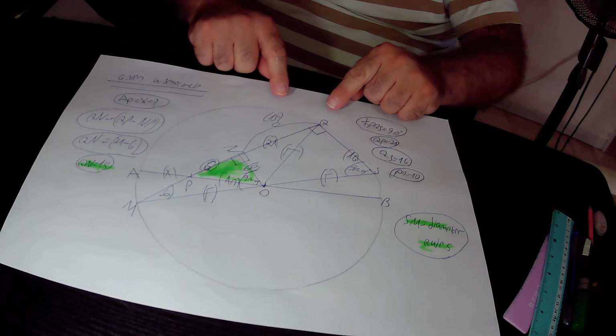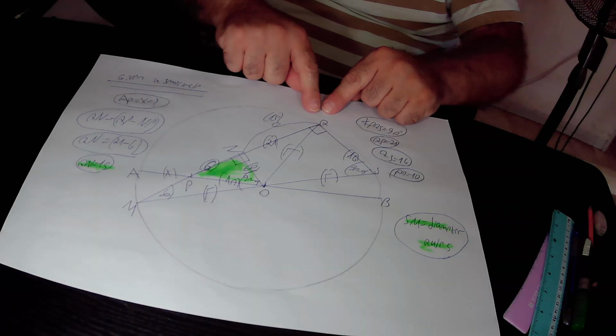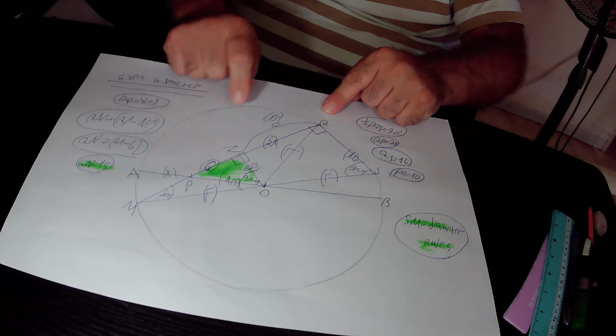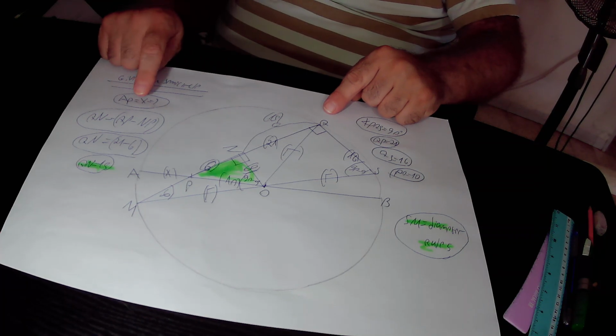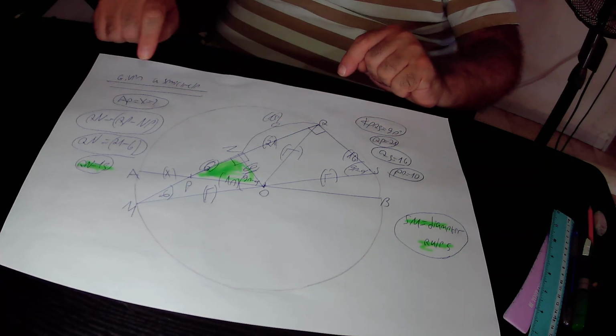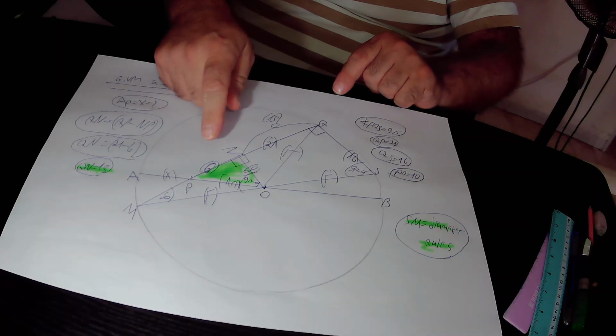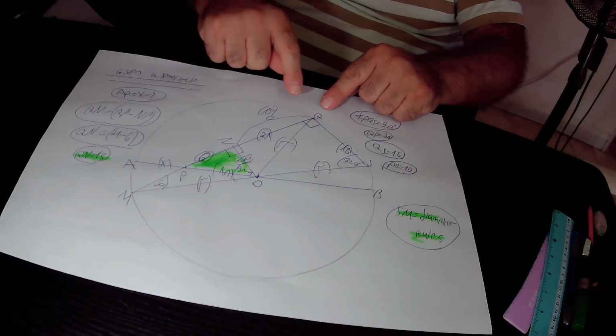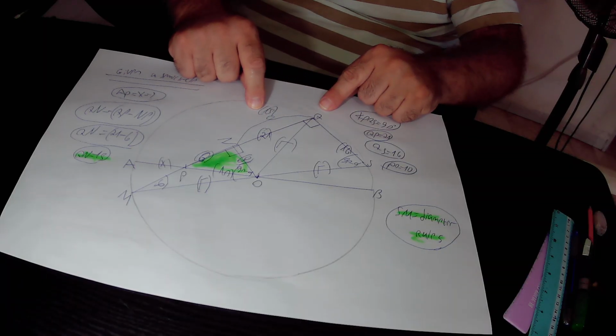QP is 21 according to what is given, minus NP, that is 6. So in total QN equals 21 minus 6, that is 15. So QN equals 15 units in length.